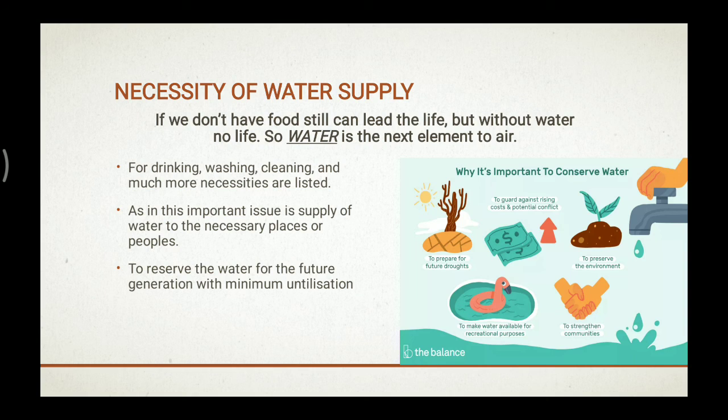Recreational in the sense that wherever we have cut the trees or removed some part of that area and built something on those areas, we need to balance the hydrological cycles, the atmosphere, the coldness around us. We need to maintain those climates and the environment. So, to make water available for recreational purposes.